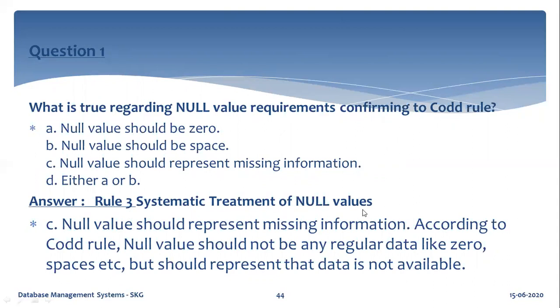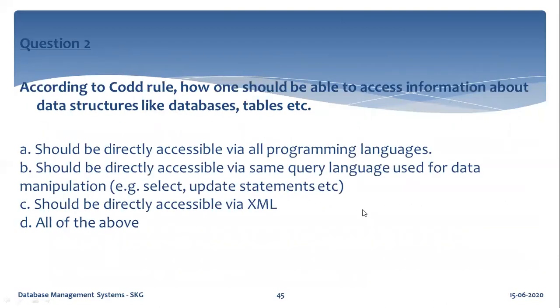Now question 2: according to Codd's rules, how should one be able to access information about data structure like database tables? It should be directly accessible via all programming languages, should be accessible via some query language using data manipulation like select and update, should be directly accessible through XML, or all of the above.